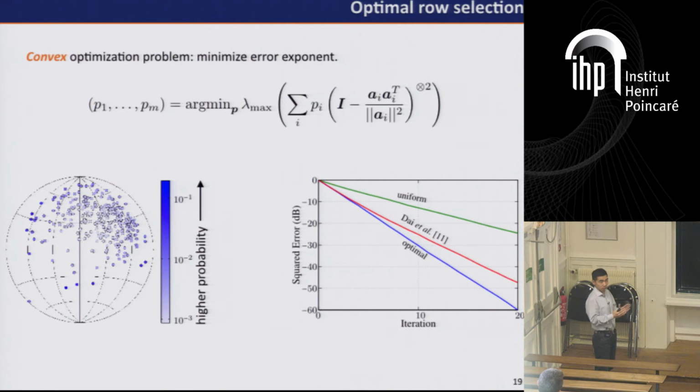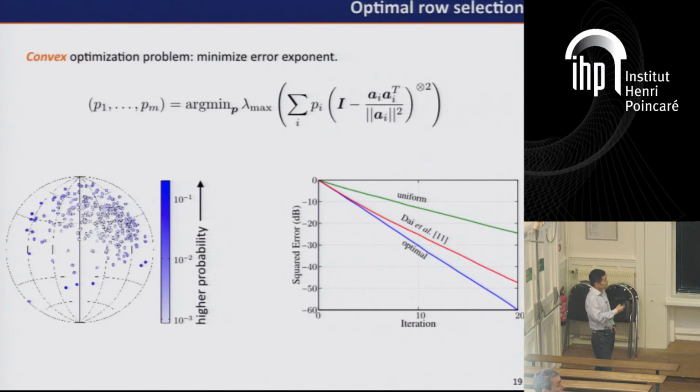That means you have a lot of row vectors pointing towards similar directions, and the optimal sampling probability obtained by solving this problem is low there. And there are also more sparsely populated regions, where you assign higher probability. This is just an intuitive verification that the optimal sampling probability makes sense.